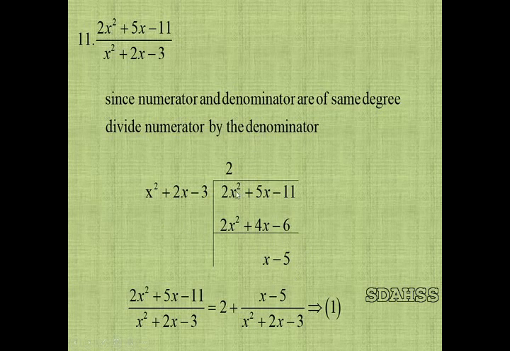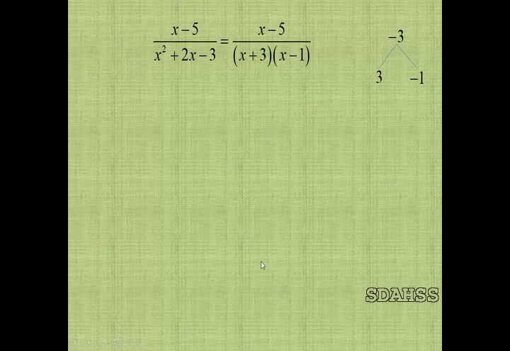Then mark it as first equation. Consider this term alone, that is (x minus 5) divided by (x square plus 2x minus 3). And then you keep the numerator as it is. Then you factorize the denominator.